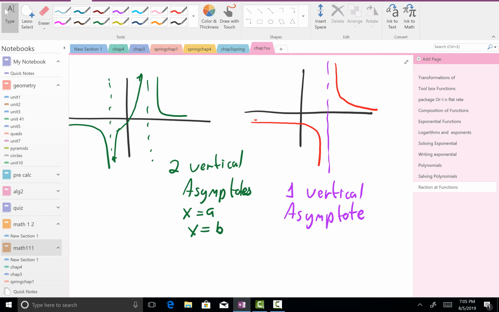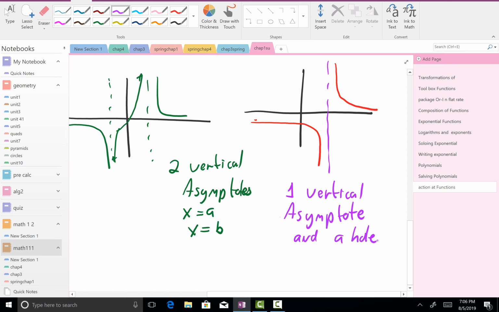But what else is happening there then? Because we only got 1 vertical asymptote, but we got two things on the bottom. So what else is going on there? That means we have a hole. So we have a vertical asymptote and a hole.